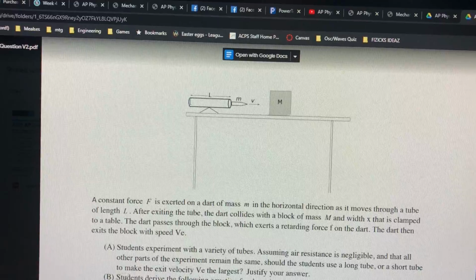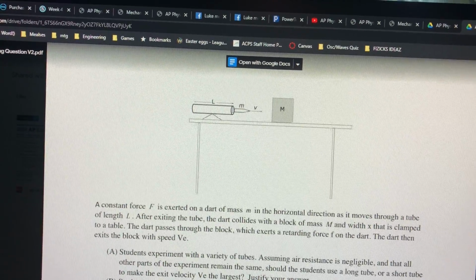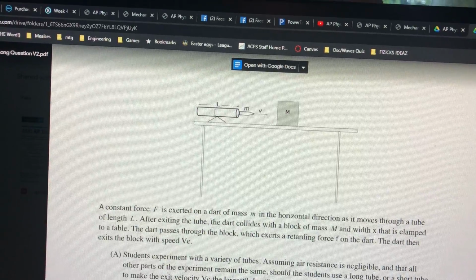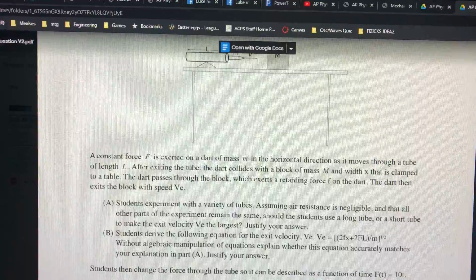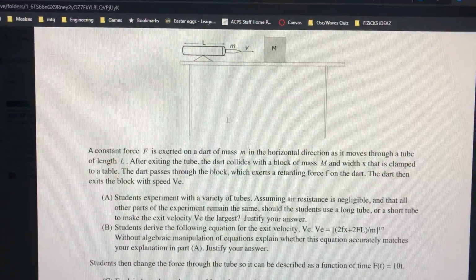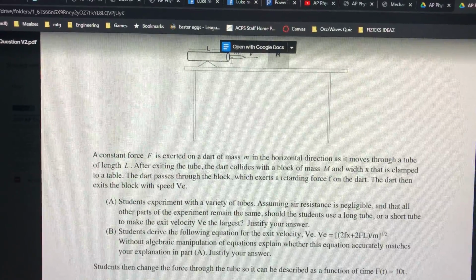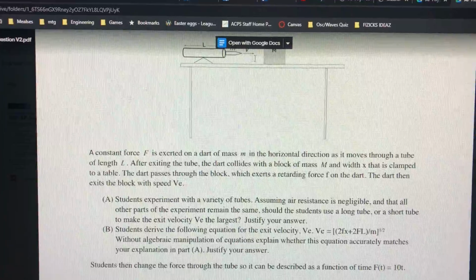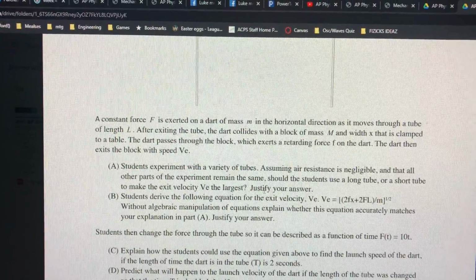We would like to have that constant acceleration be experienced by the dart for a longer period of time, so it has more time, more distance to accelerate and reach a higher velocity upon exit. So a longer tube would be preferable so that we can have the dart accelerate over a longer distance while the force is applied to it within the tube and thus exit with a higher velocity. So that should be your justification, is a longer tube.